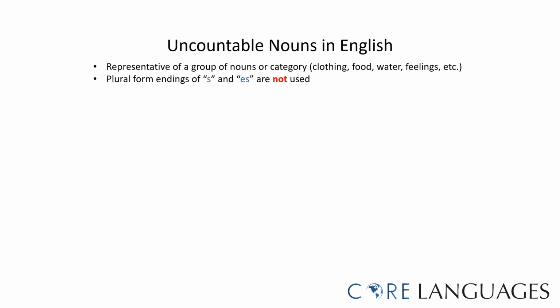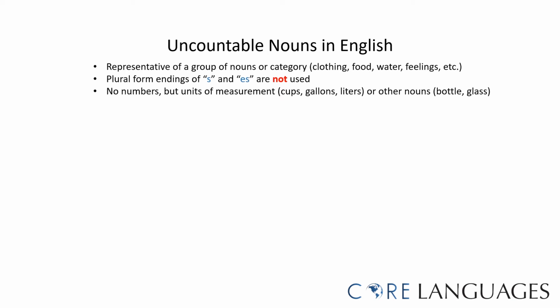Remember that there is no plural form for uncountable nouns, so the plural endings s and es are not used. We don't use numbers to count uncountable nouns, but instead we use units of measurement.